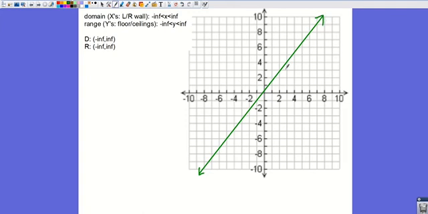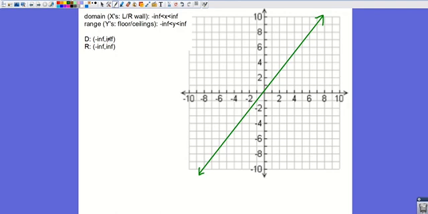Just assume that when it hits the boundaries of your graphing calculator or the edge of your screen on Desmos, it goes on forever. So this forever goes left, forever goes right, which means there's no left wall, no right wall. Similarly, it also forever goes up, forever goes down, so there's no floor or ceiling. So it's negative infinity, positive infinity.